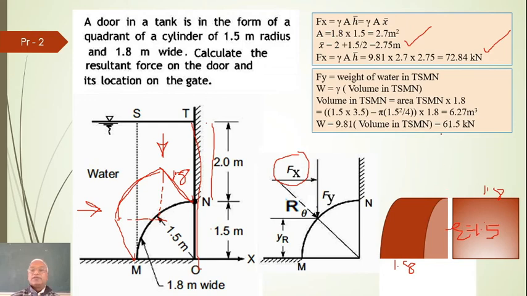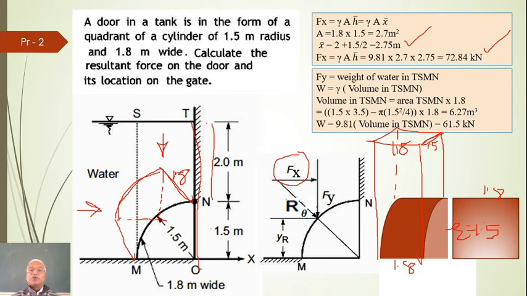So the volume of the liquid standing above, if I try to show you that in this particular shape: this is 1.8 meters. This area is calculated as the area of a rectangle with 1.5 meters on this side and height 2 plus 1.5, 3.5.